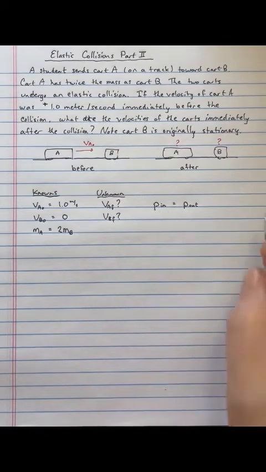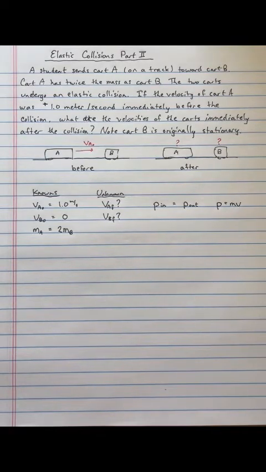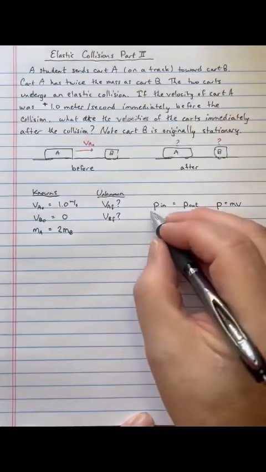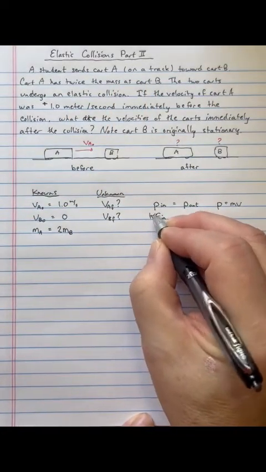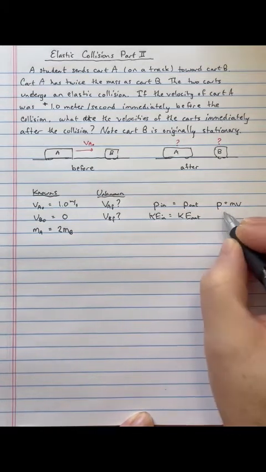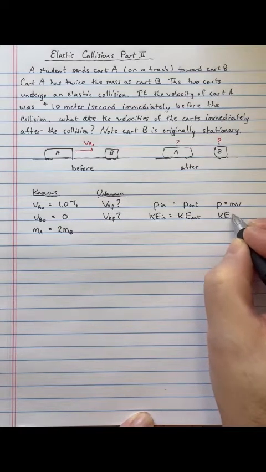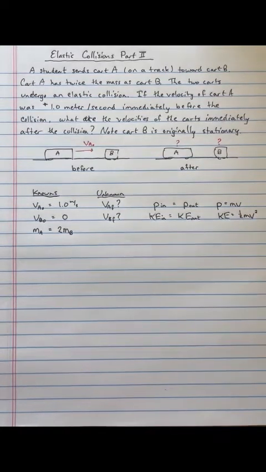The momentum of an individual object is simply mv. Also, because this is an elastic collision, we're going to make the assumption that the kinetic energy of the system is conserved, and we can write that idea like this. And as a reminder, the kinetic energy formula for an individual object is that formula.